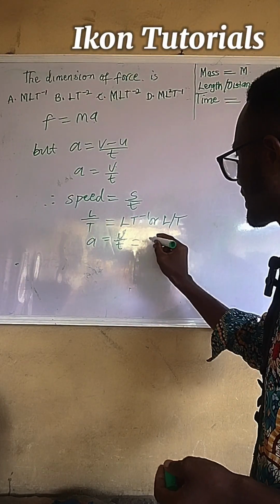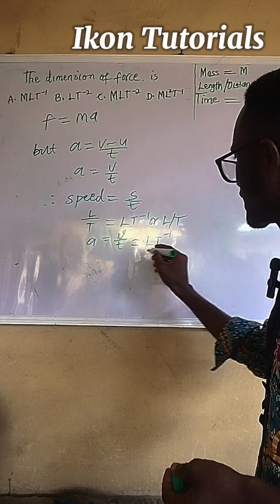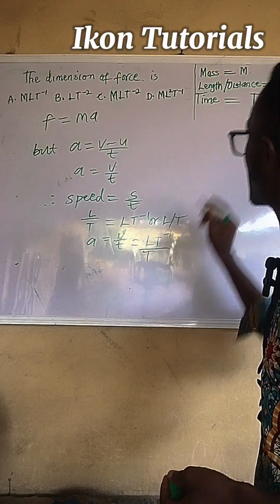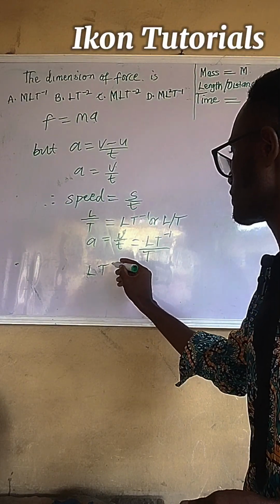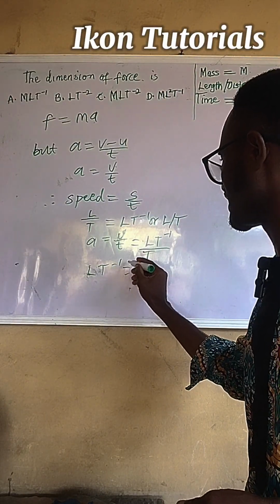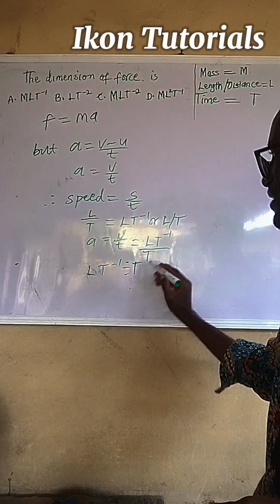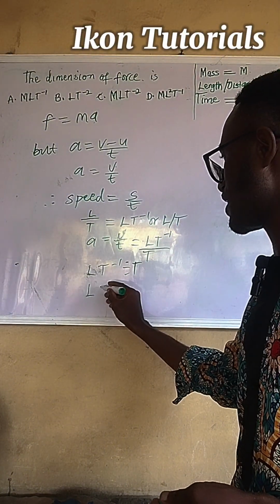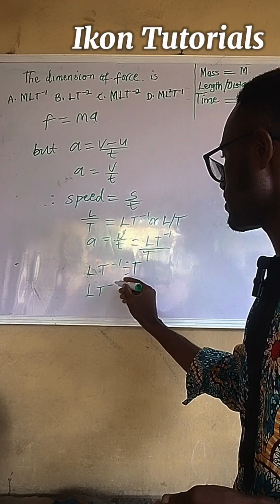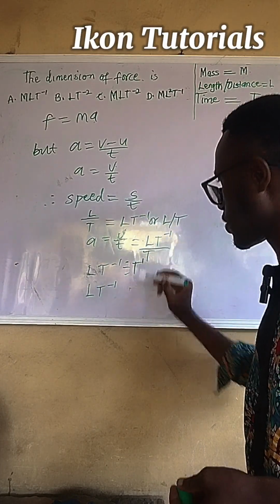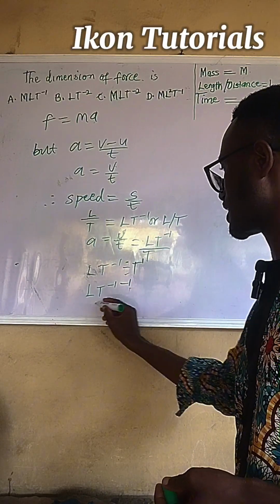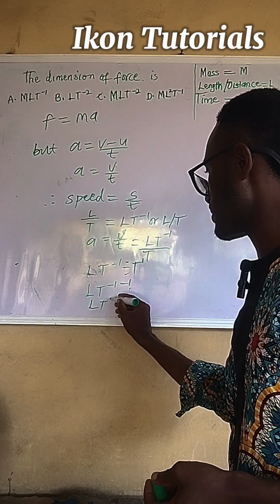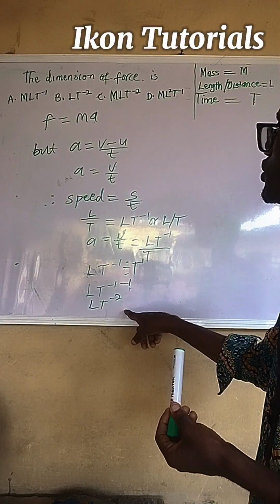We got the answer as L T raised to the power minus 1, then divided by time, capital T. So bringing this down, we have L T raised to the power minus 1 divided by T. Using indices here, remember, the power of T here is 1. So we can now say minus 1 because of the division sign. So we have L T raised to the power minus 2. This is the dimension of acceleration.